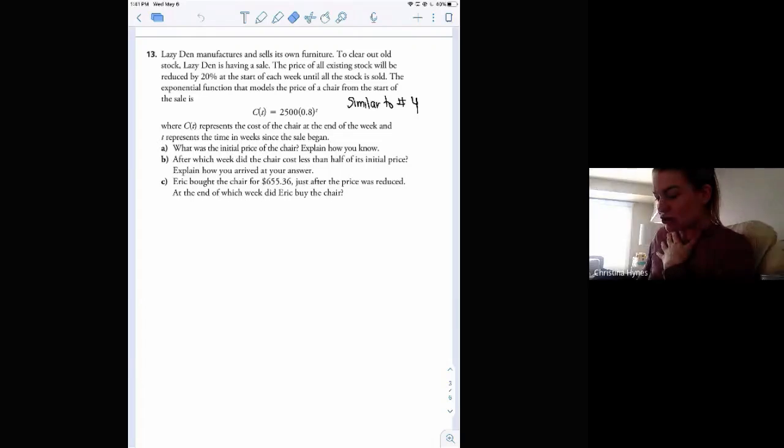So what you always want to remember is that if you have an equation, we have C of t, that's one thing. So you want to start by labeling what the letters are, and that will make it easier for you to solve for this. Okay, so we have 2500, 0.8 to the power of t.